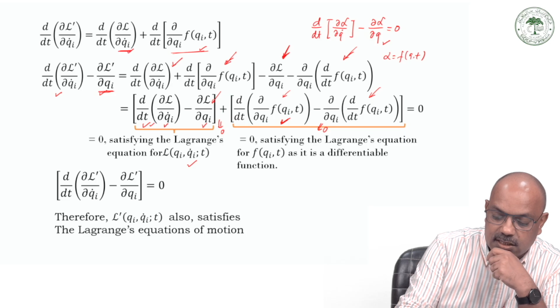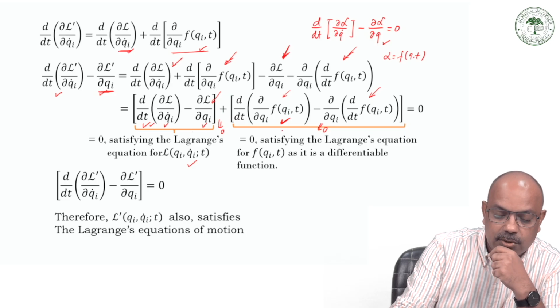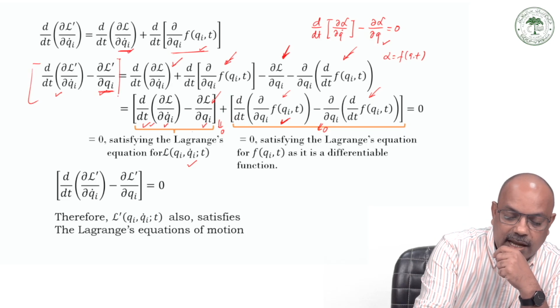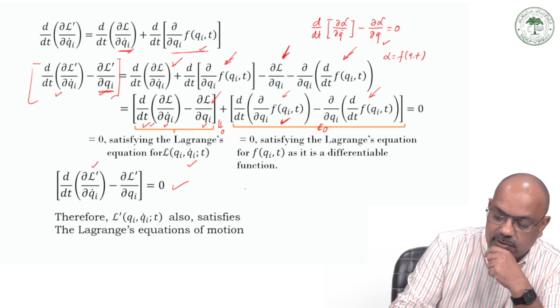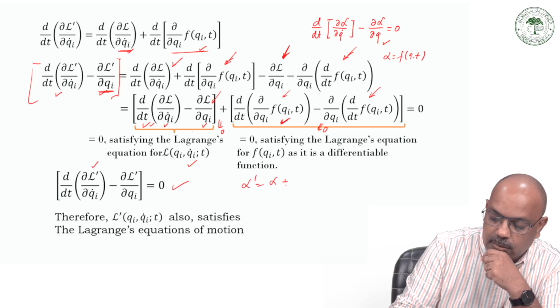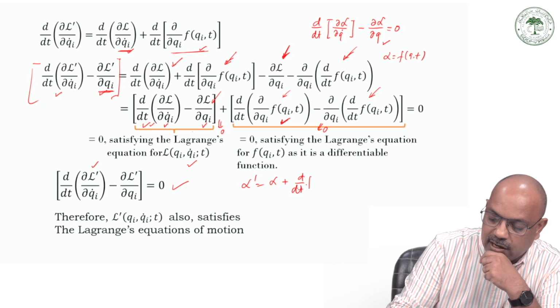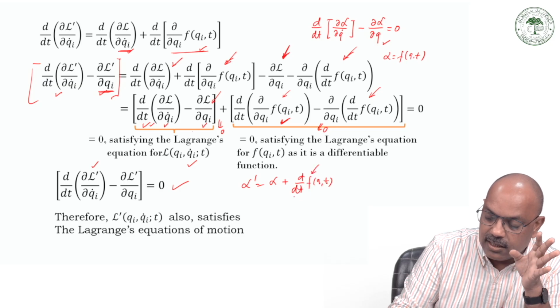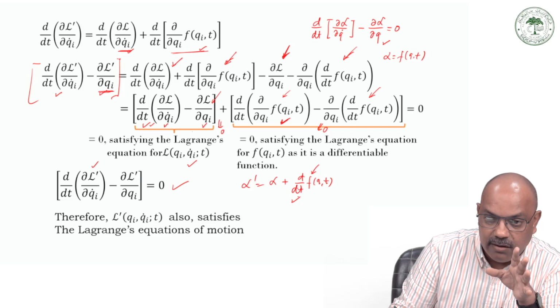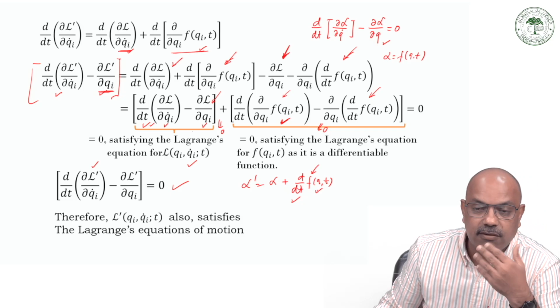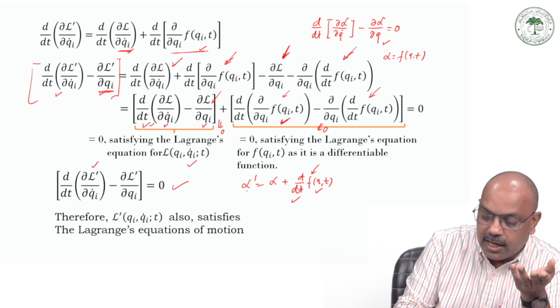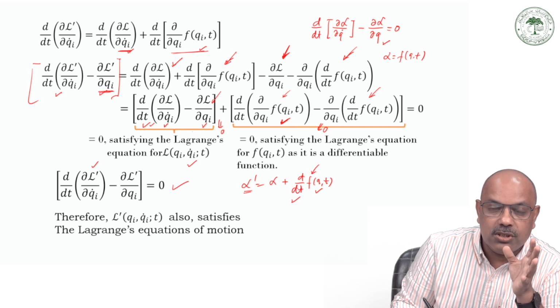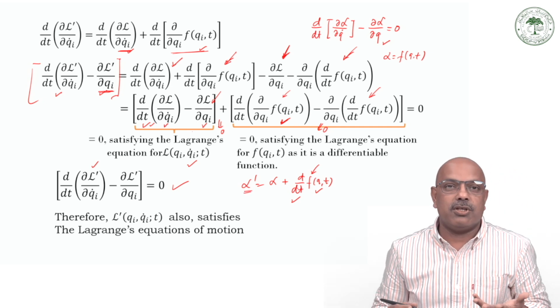So finally the first term is 0 and the second term is 0, and then your Lagrange equation of motion for this new Lagrangian, which is L' equal to L plus d/dt of a function f(q,t), which is differentiable. So if you add the total time derivative of a function which is differentiable into the Lagrangian, then the new Lagrangian is not going to change the equation of motion.